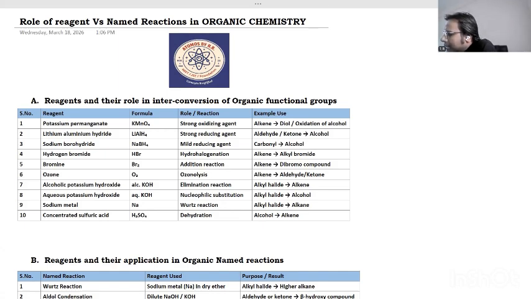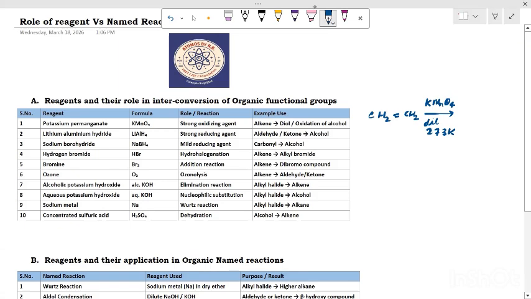If you have alkenes, let's say CH2 double bond CH2, और इसमें अगर आप ऐड करते हैं पोटेशियम पर मैग्नेट KMnO₄ in dilute condition at 273 Kelvin temperature, so there is cleavage of this pi bond and you get vicinal diols CH2 CH2 and we have OH groups at the vicinal carbons.